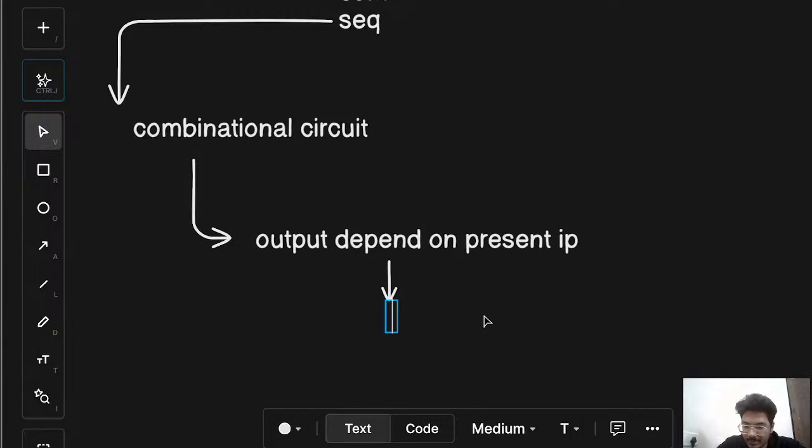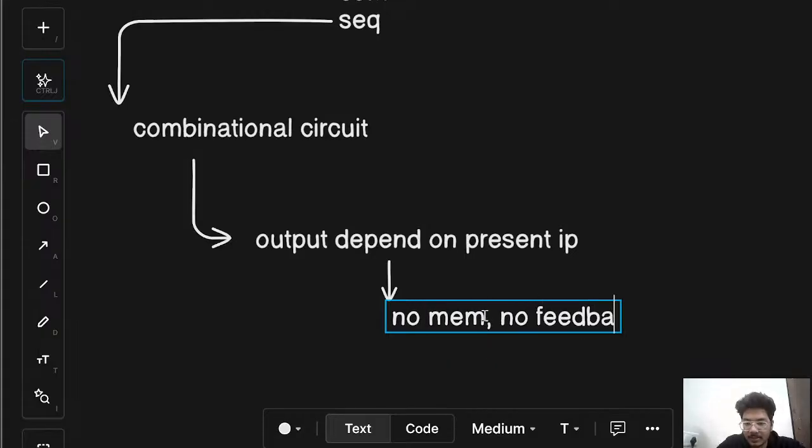Purely, a combinational logic circuit is a circuit where the output is a pure function of the current input, and there is no memory, no feedback and no clock.